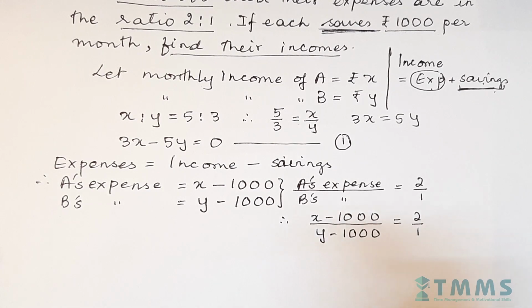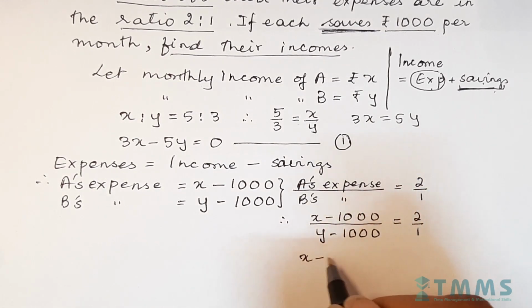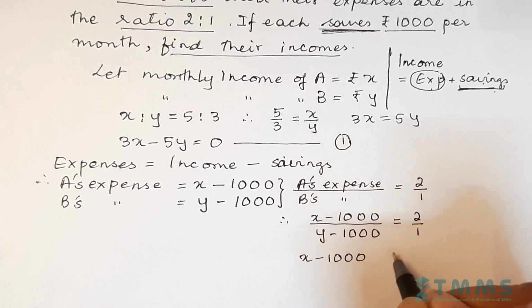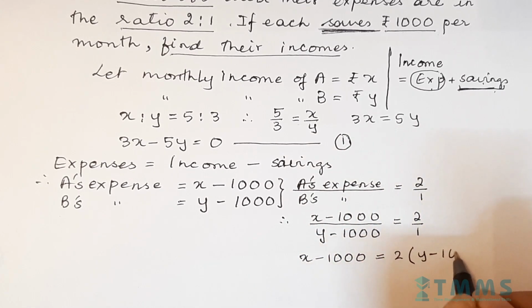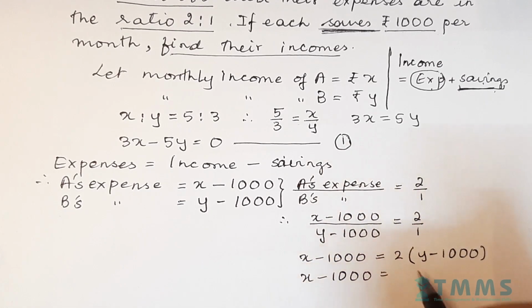So if we cross multiply, we will have X minus 1000 is equal to 2 into bracket Y minus 1000. Now if you open the bracket, you will have 2Y minus 2000.